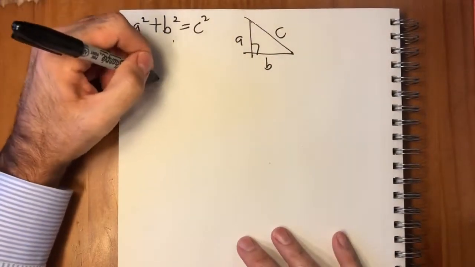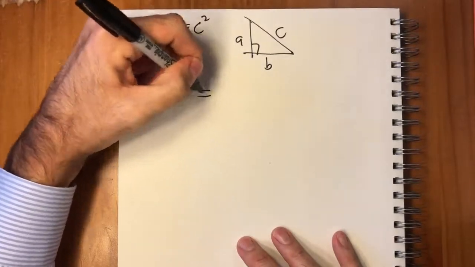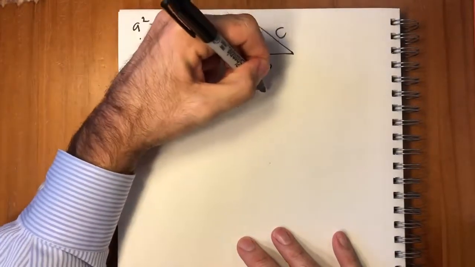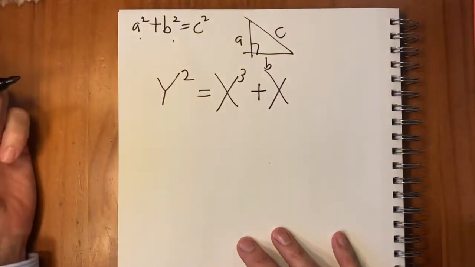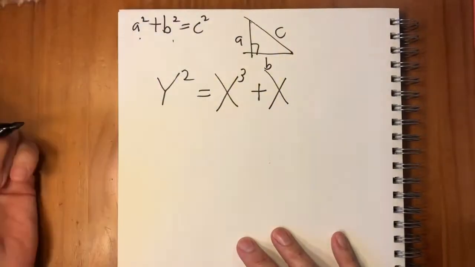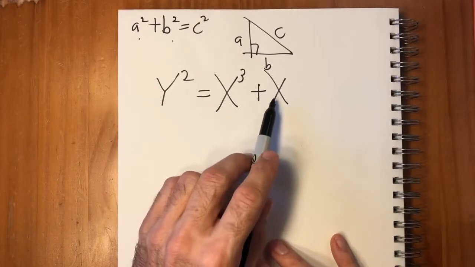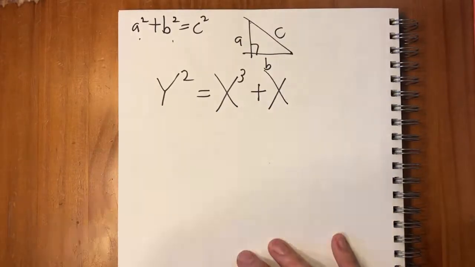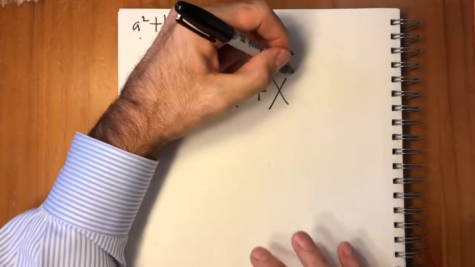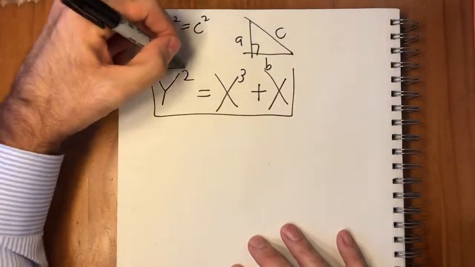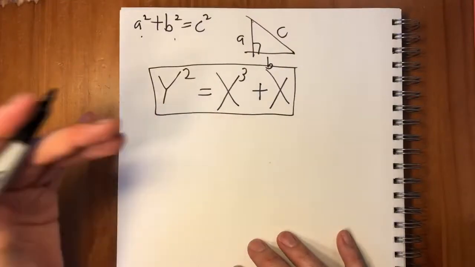How do we get from there to an elliptic curve, which looks something like this? There are varieties, there can be coefficients here and extras and so on, which affect the shape of it. But this is a basic form of the equation for an elliptic curve.